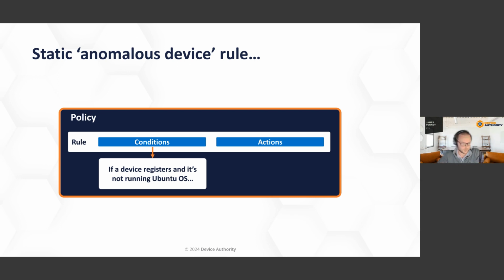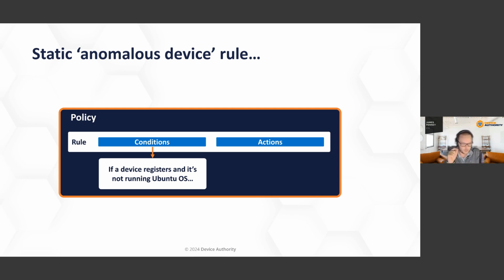So we'll start off with a real simple one. I could create a rule that says if a device registers and it's not running Ubuntu OS, because all of my IoT devices run Ubuntu, so I shouldn't expect anything other than Ubuntu to connect.